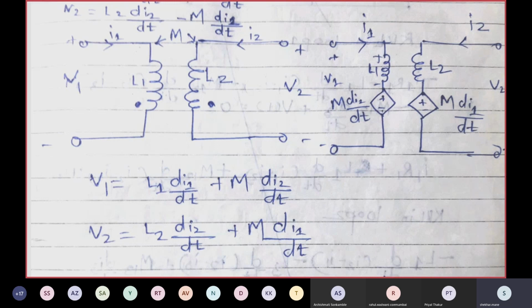Whether both the currents are entering or both the currents are coming out of the coil, the polarity of mutually induced EMF is same as self-induced EMF, positive, negative, like this. Have you understood this?